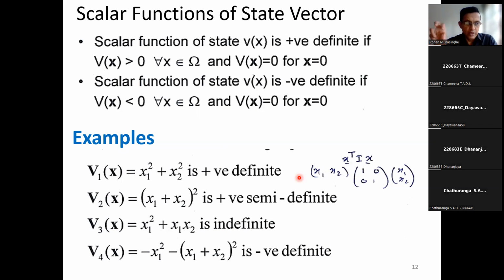Lyapunov did not explain a particular method to prove that. Now, before heading on to the second method of Lyapunov, we need to figure out some of the mathematics involved. So, first thing is the scalar functions of state vector.